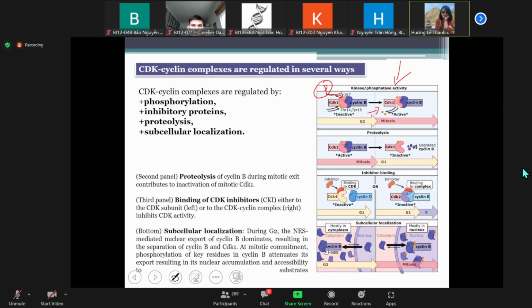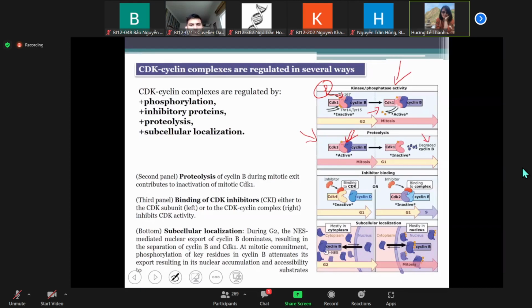Another type is proteolysis. At the end of mitosis, one enzyme will come to hydrolyze the cyclin B. It becomes degraded.